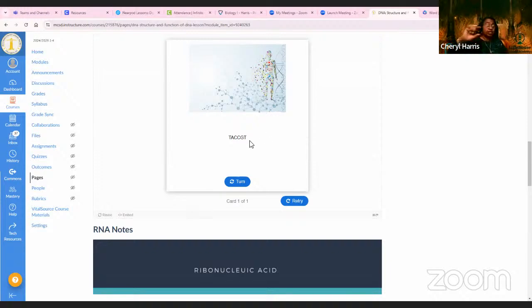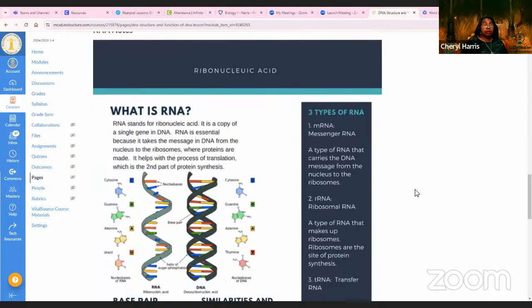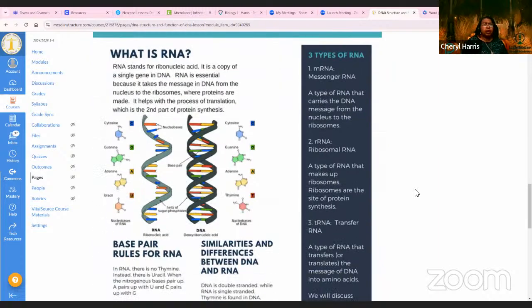Your test questions will always say, if this is the sequence on one side, what's the other side going to look like? And you need to be able to match up the other side in correct sequence. Okay? All right, let's take a look at RNA. Basically you're going to have to know the differences between the two.